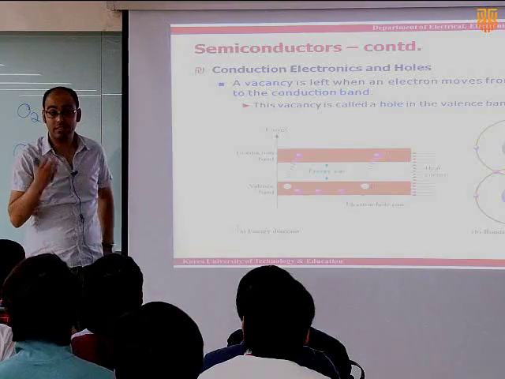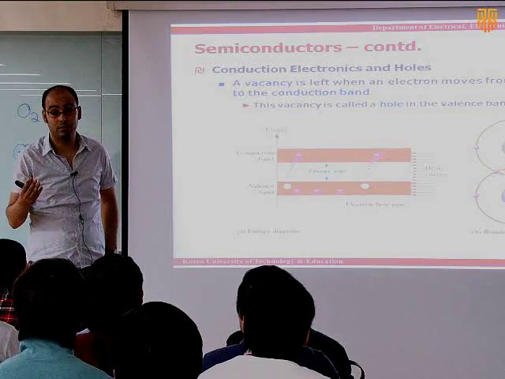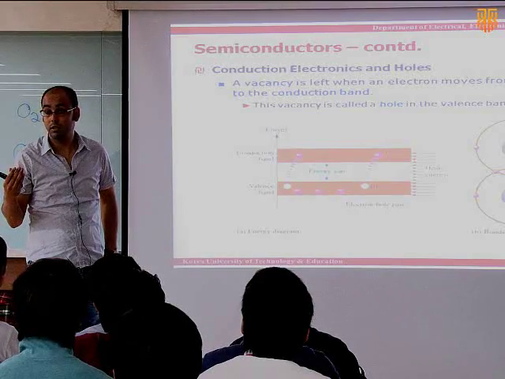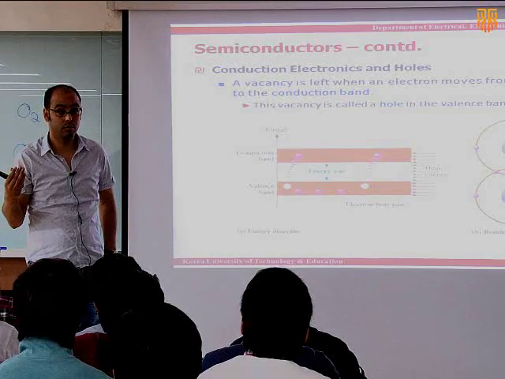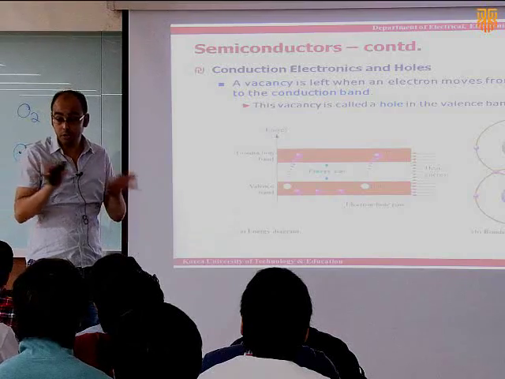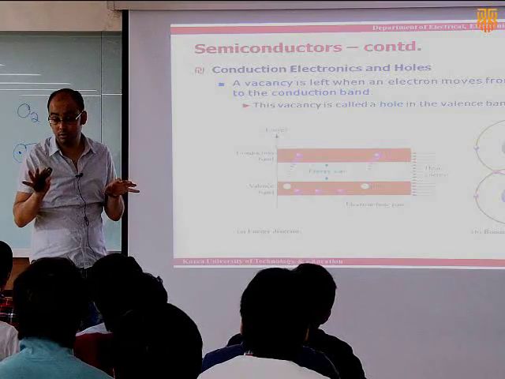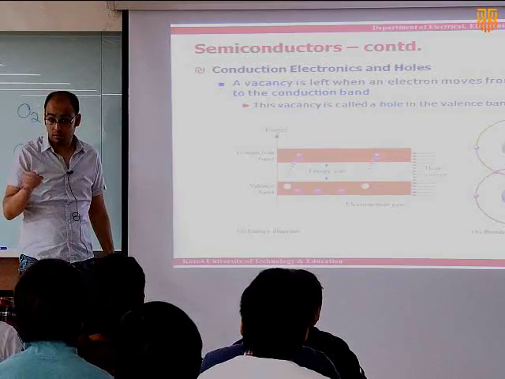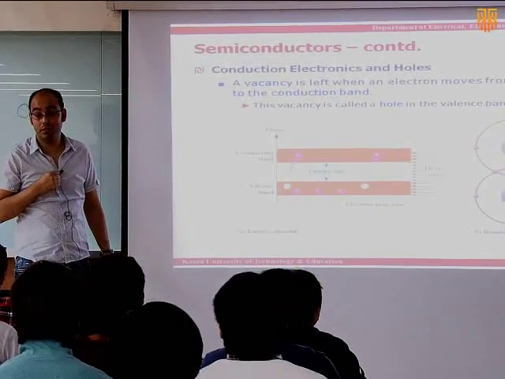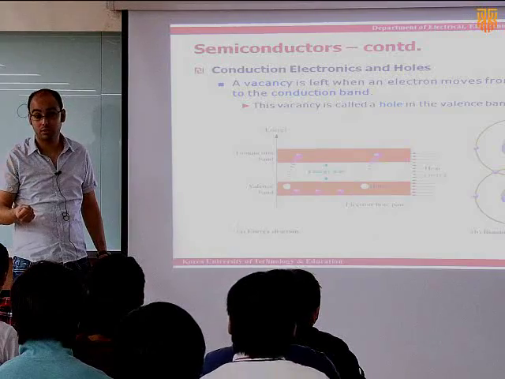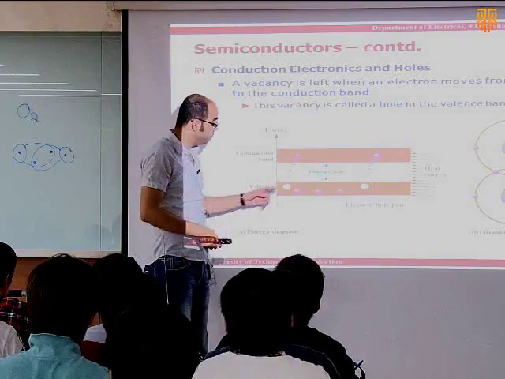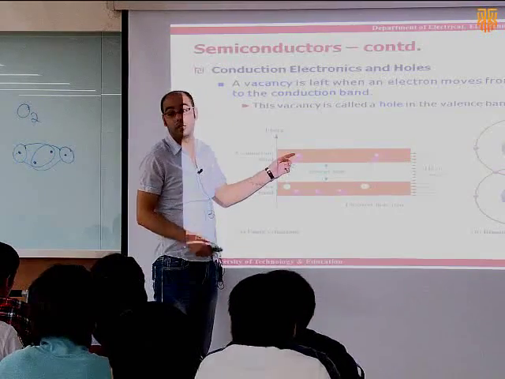We said that electricity is the result of the electrons' movement, right? When electrons move, they generate this kind of electricity or conductivity. So some electrons can move from here to outside, right?